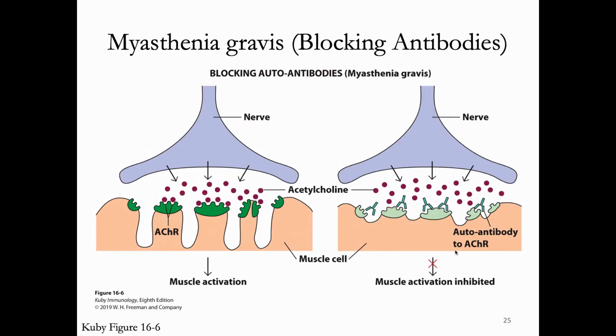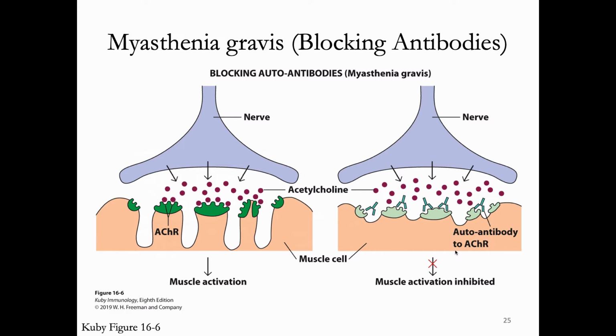An alternative way that antibodies can lead to disease is shown in myasthenia gravis, which is a disease that's largely seen with problems of muscle contraction and muscle coordination because of issues happening at the neuromuscular junction. Again, on the left-hand side, you can see how it's supposed to work.